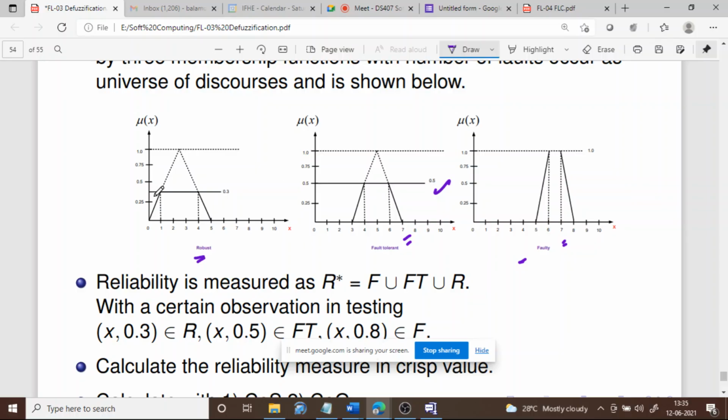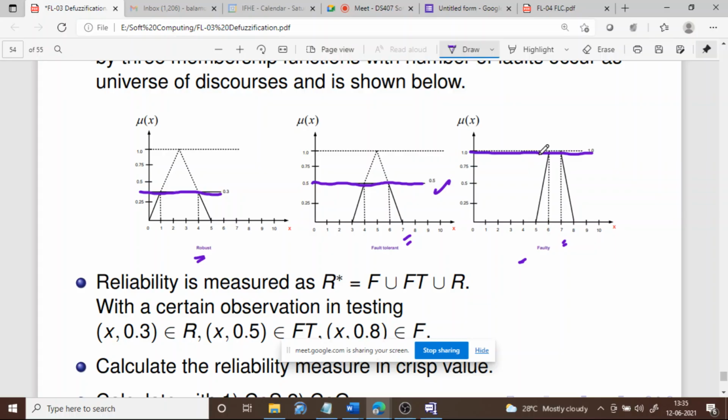You can see there is already a line drawn at 0.3 in robust, a line drawn at 0.5 in fault tolerant, and a line drawn at 1.0 in the case of faulty.